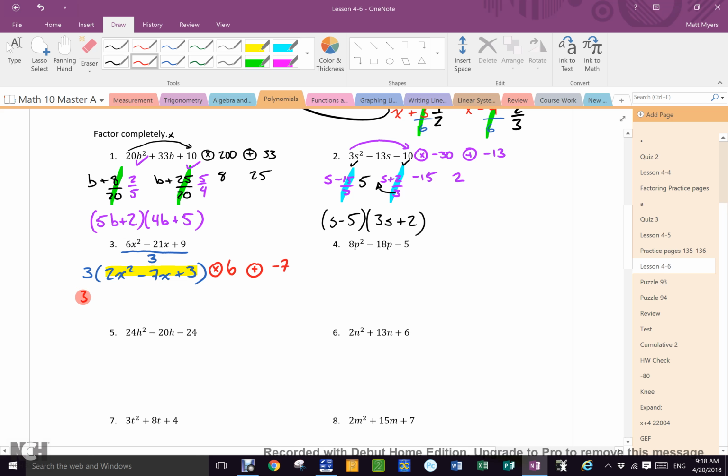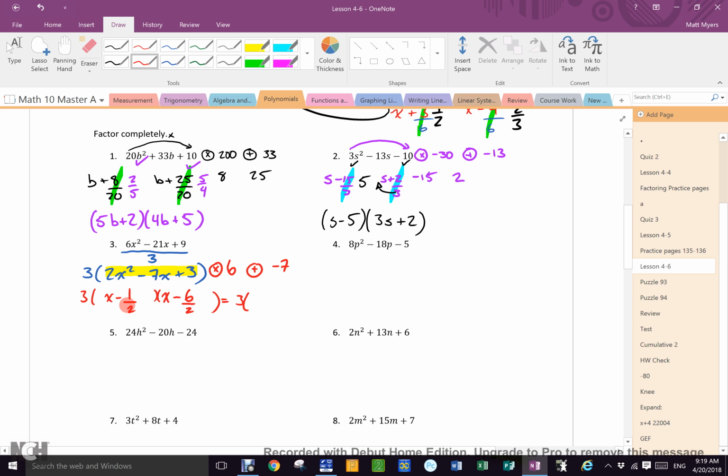So, I have x minus 1, but it's not really minus 1 because I have to divide by what? 2. And I have x minus 6, but it's not really minus 6 because I have to divide by 2. Then I fix up my fractions.